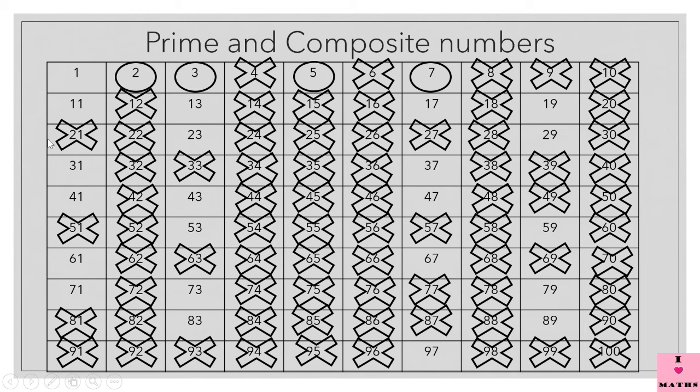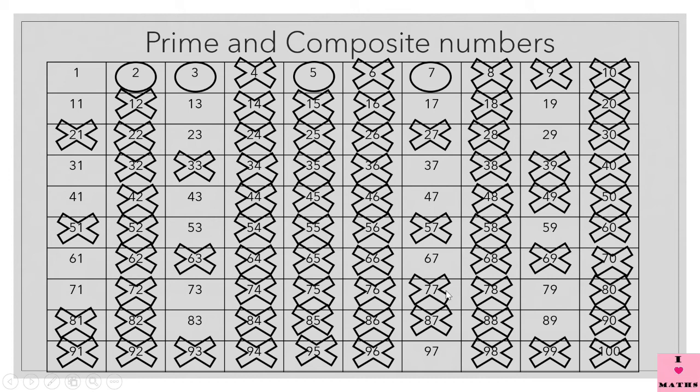7 2s are 14, 7 3s are 21, 7 4s are 28, 7 5s are 35, 7 6s are 42, 7 7s are 49, 7 8s are 56, 7 9s are 63, 7 10s are 70, 7 11s are 77, and so on, children.